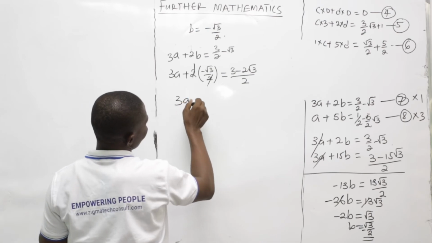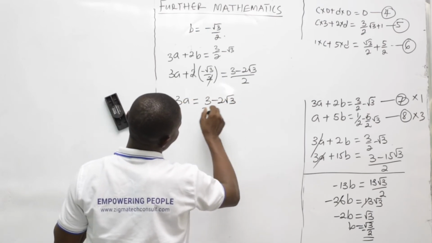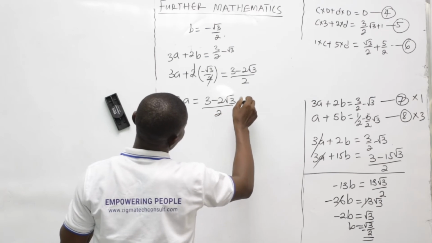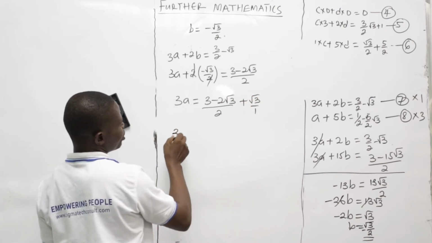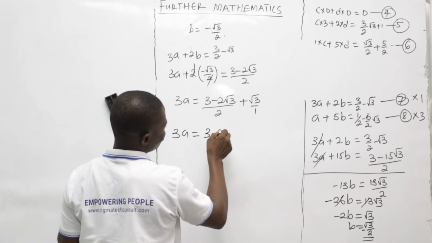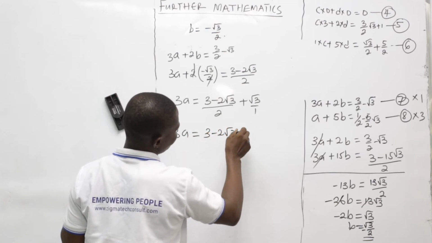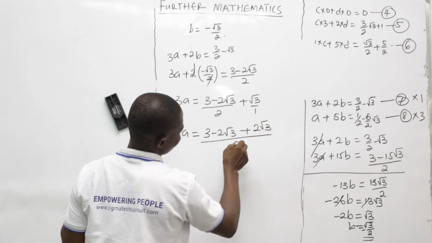So that 3a equals (3 minus 2√3) all over 2 plus √3 all over 1. When we solve, 3a equals (3 minus 2√3 plus 2√3) all over 2.